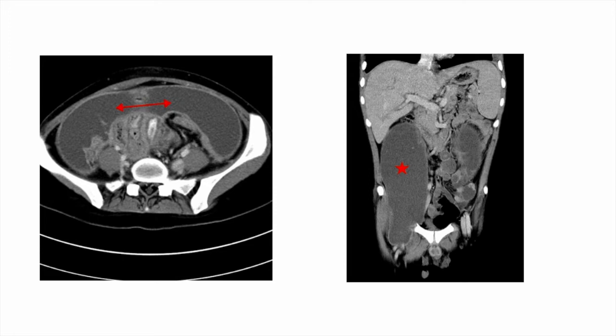So remember, in case of intra-abdominal tuberculosis, you will receive a report of this large amount of free fluid. We're talking specifically about the peritoneum, because we also have renal tuberculosis.